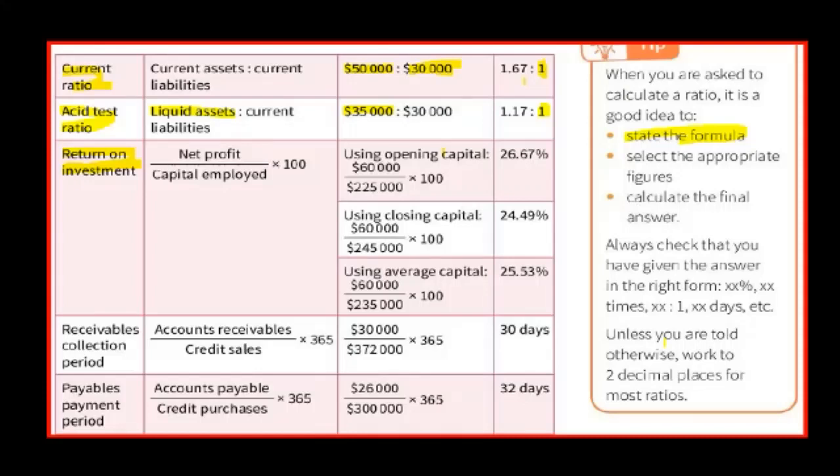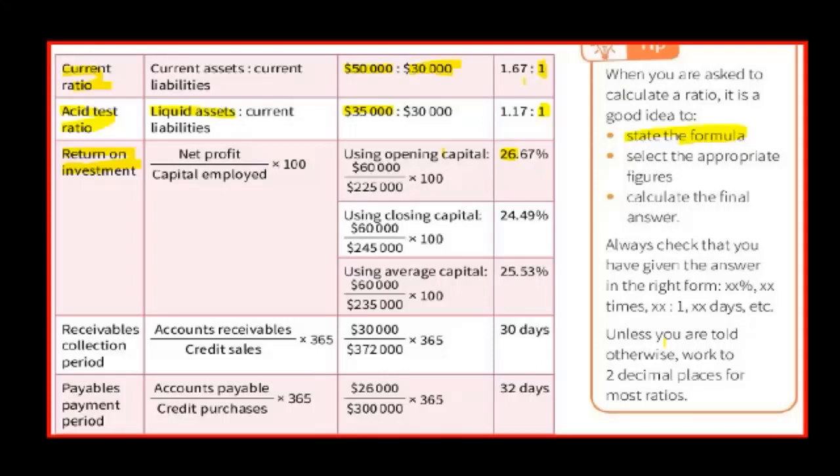Or you could calculate here and put them over, multiplying by 100. What this means is that for every $100 of capital that you invest in the business, you get $26 in profit.